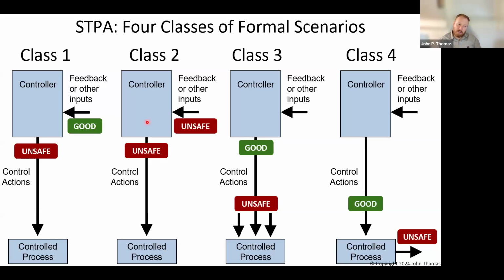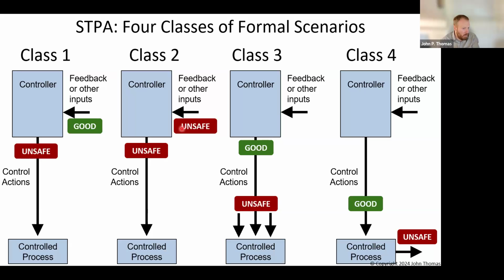Class 2 says the controller did something unsafe, but it was lied to, right? So the controller did something unsafe, but it was given unsafe information. So it didn't have much hope of doing something better, since it was misled or given unsafe information. And this is going to drive us at a minimum to explore why the feedback was unsafe.